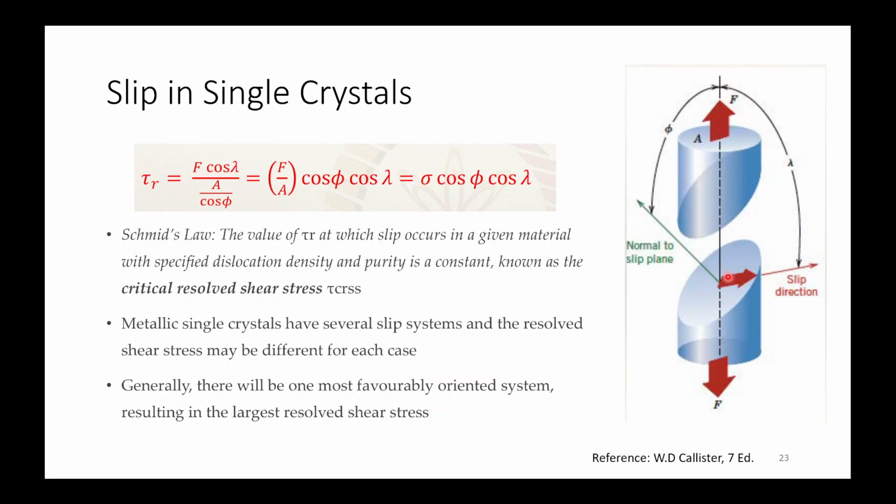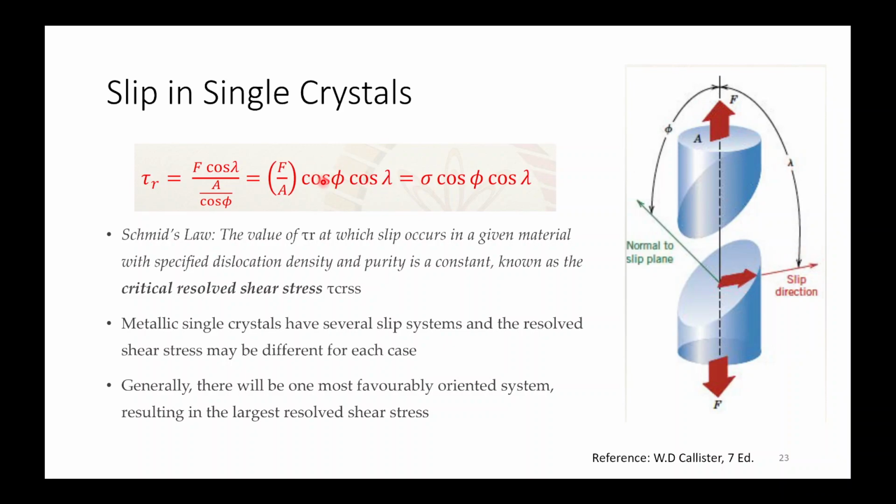So your uniaxial tensile stress is applied in this direction, and relative to that we will be measuring phi and lambda. Phi is the angle between the tensile stress axis and the normal to the slip plane, and with the slip direction it is lambda.